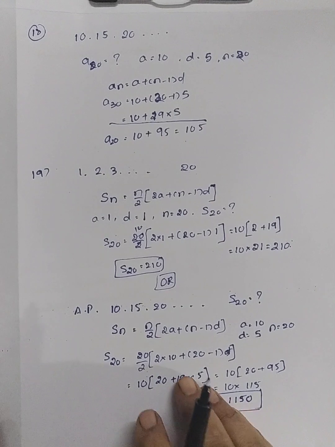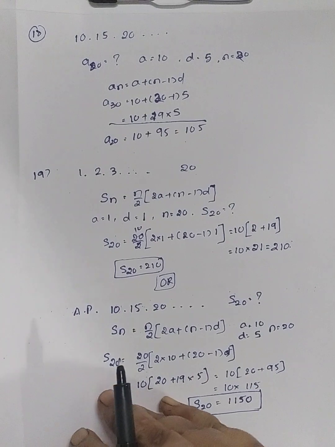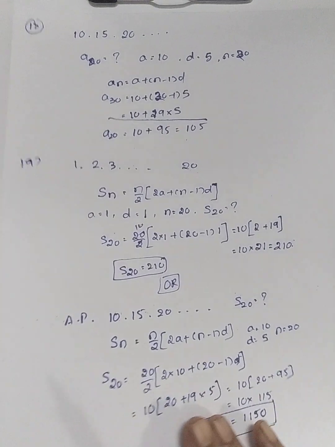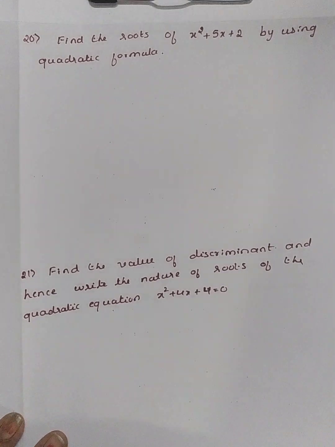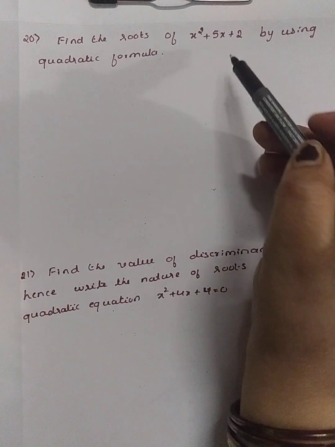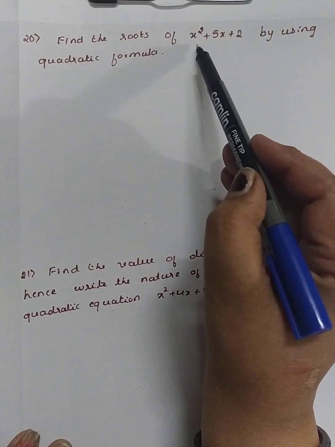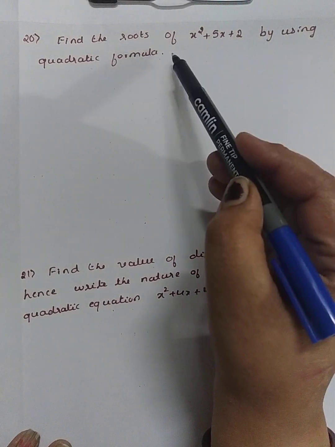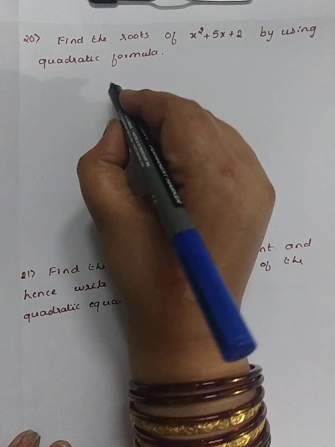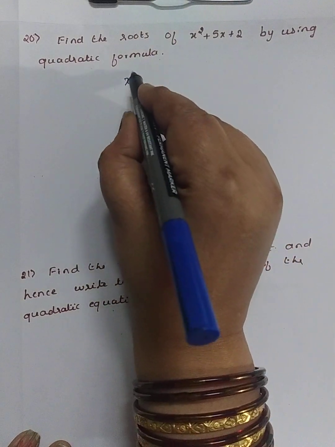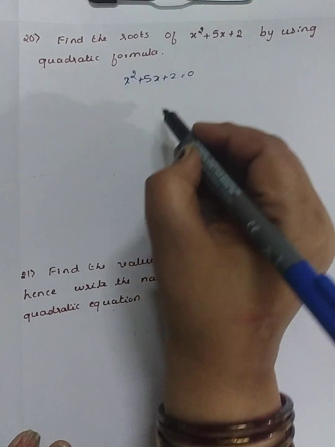So this is the 19th question. Next is 20th. Find the roots of the equation x square plus 5x plus 2 by using quadratic formula. So this is the quadratic equation. For finding the roots of the quadratic equation, the given equation is x square plus 5x plus 2 equal to 0.